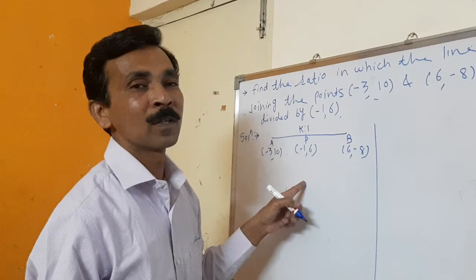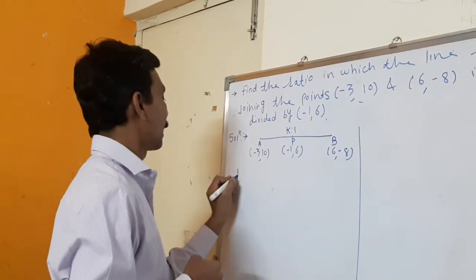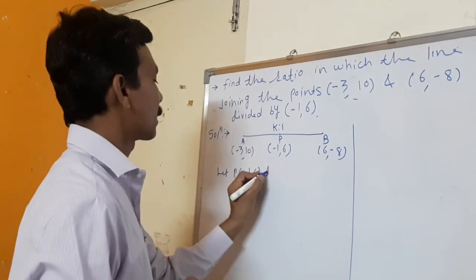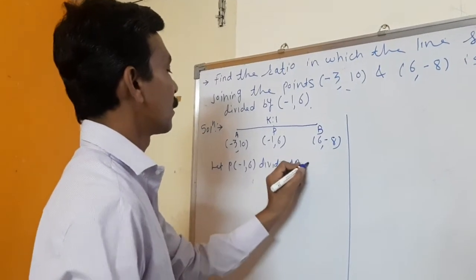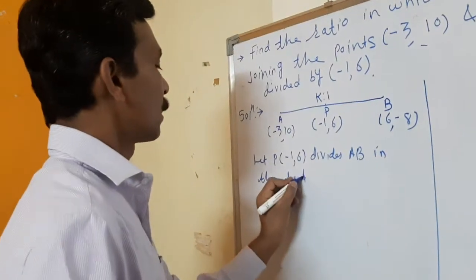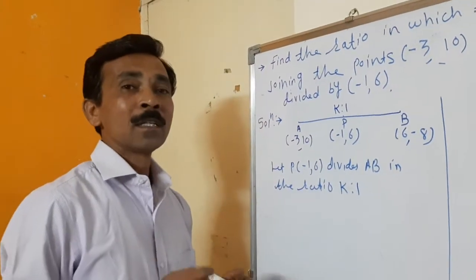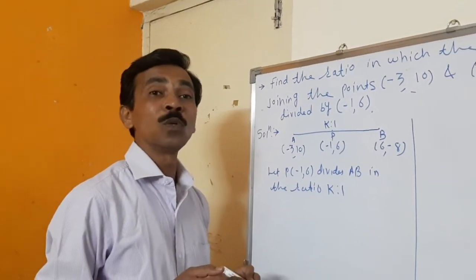I will solve using x coordinate formula. But before that, see the statement. Let P minus 1, 6 divides AB in the ratio k is to 1. Whenever they ask you to find ratio, ratio should be always k is to 1.